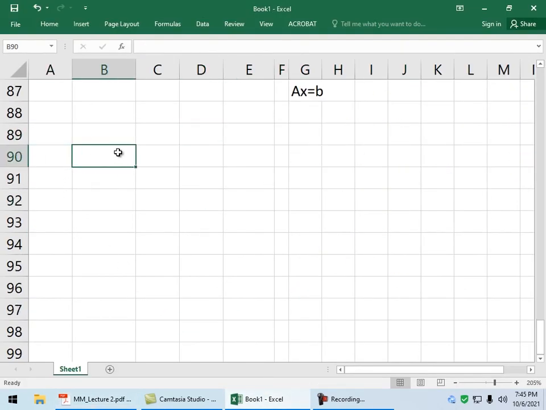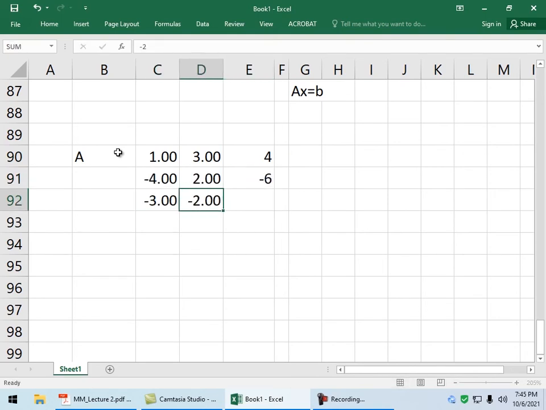We have the matrix A, which is 1, 3, 4, minus 4, 2, minus 6, minus 3, minus 2, minus 7. And we have b, the right hand side, b1, b2, b3.